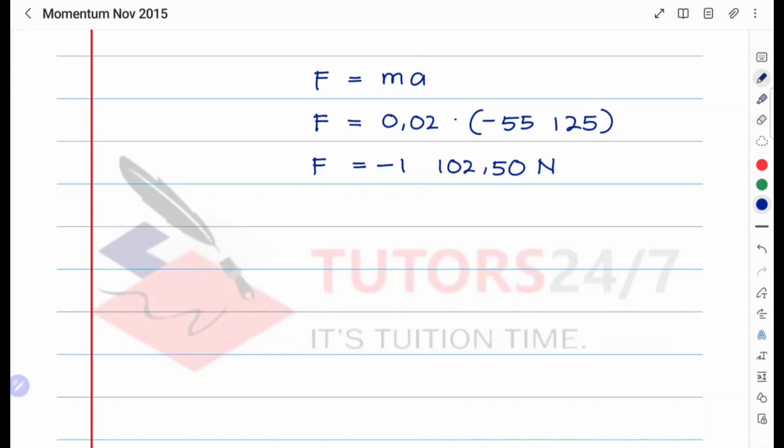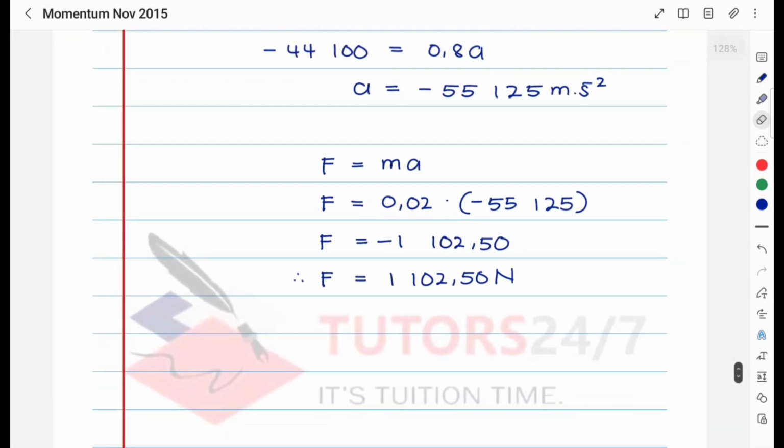So when we put this into our calculator, you should have got a negative value. So if you are asked to write down the magnitude, all you need to do is ignore the negative sign. That is the magnitude only. So you just ignore the negative sign, because the negative sign indicates a direction.